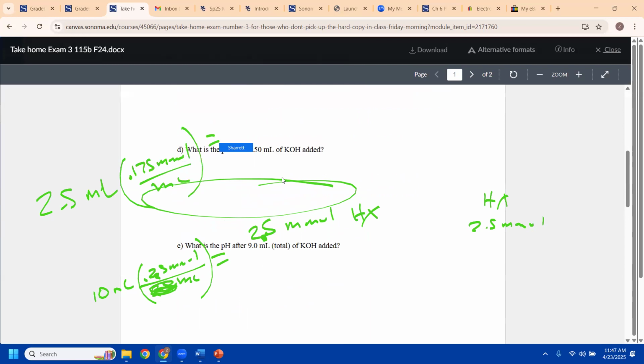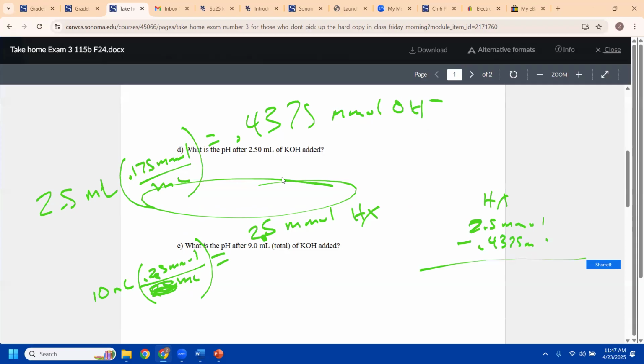So anybody got 2.5 times 0.175? 0.4375 millimoles of OH minus added. We subtract 0.4375 millimoles. That leaves us with 2.0625 millimoles of HA left. But it also added 0.4375 millimoles of A minus.